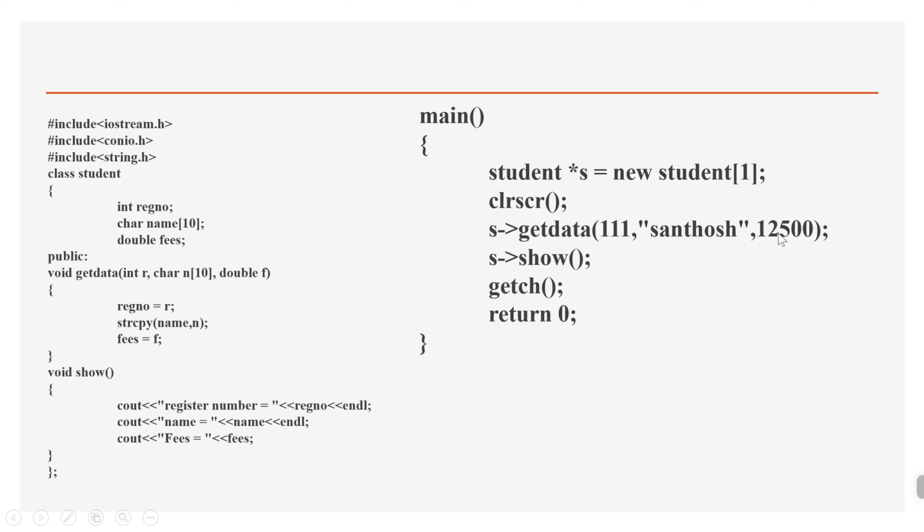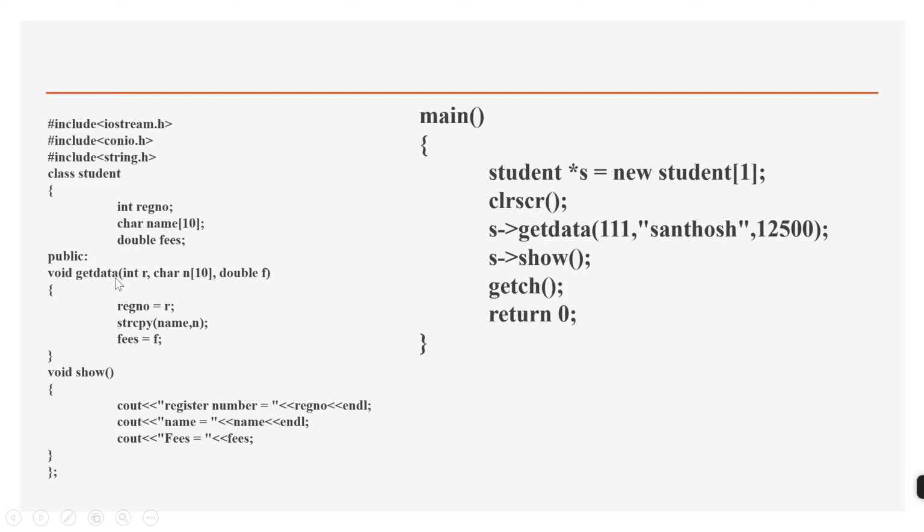Then 12,500: f becomes 12,500, and fees is equal to f, so fees becomes 12,500. Therefore, by executing this instruction, the register number of class student becomes 111, my name becomes Santosh, and my fees becomes 12,500.